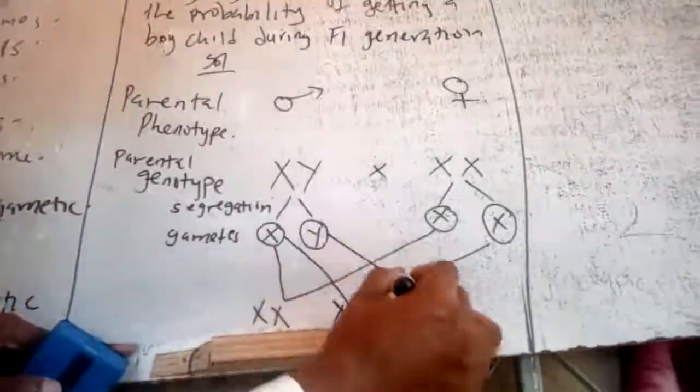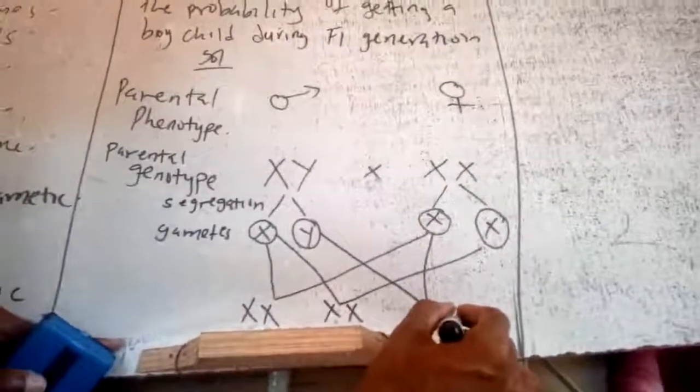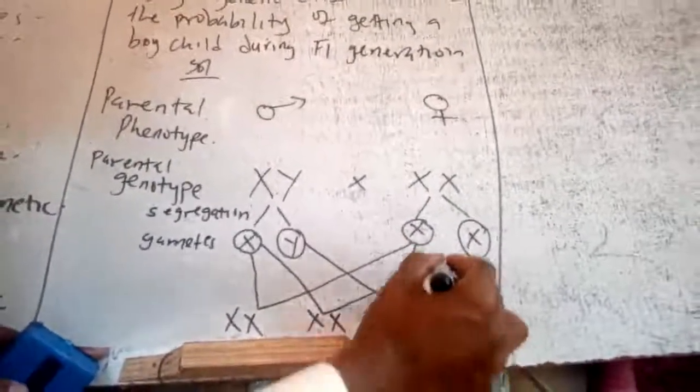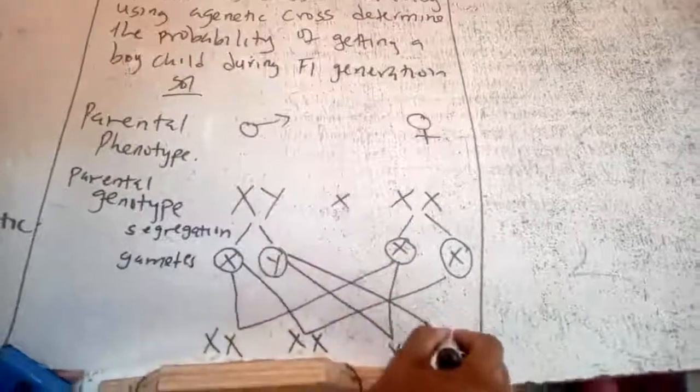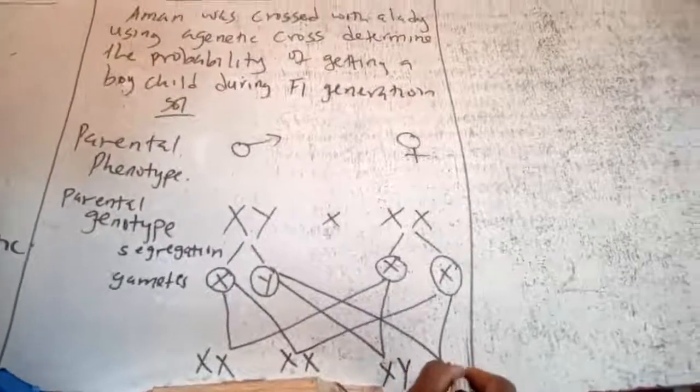The Y will fuse with this one, and you will get an X and Y, and also this one may fuse with the last one, and you will get an X and a Y.